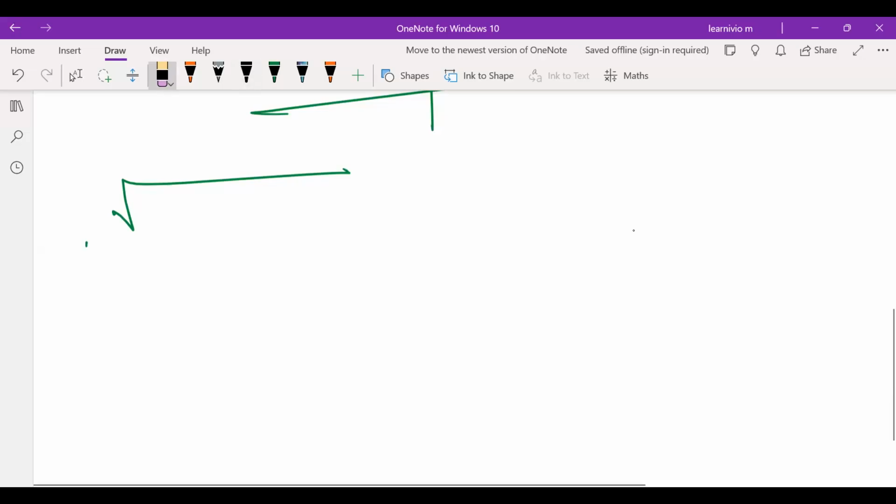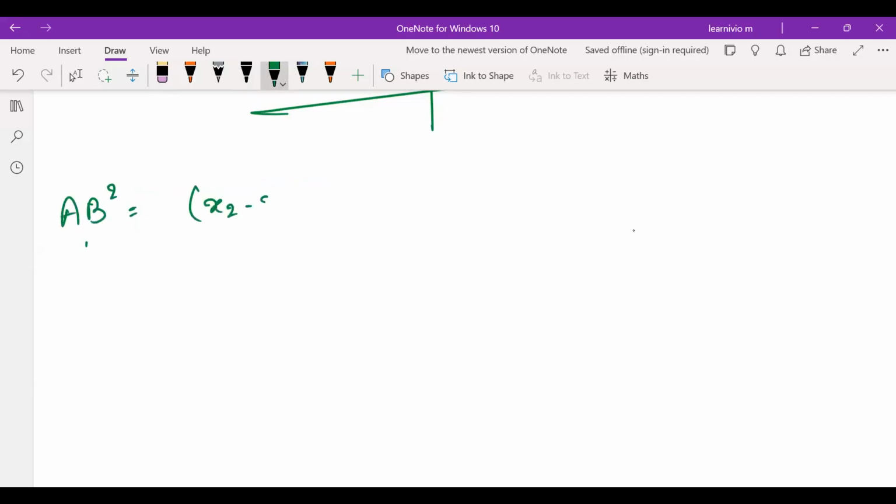If we have to find the distance AB, actually AB square is equal to (x2 minus x1) whole square plus (y2 minus y1) whole square. What is x2, what is x1, what is y2, what is y1?